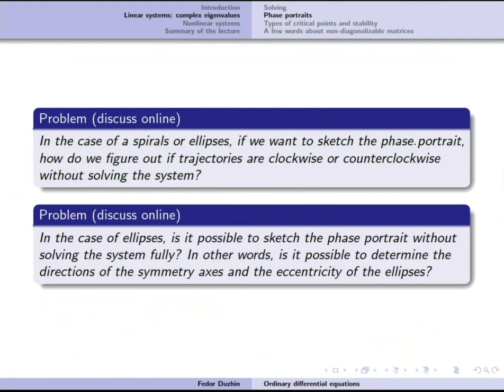Recall that last week I taught you how to sketch the phase portrait if the eigenvalues are real. Now, as we just saw, we can figure out the type of a phase portrait by just looking at the complex eigenvalues too, but we cannot really sketch it.